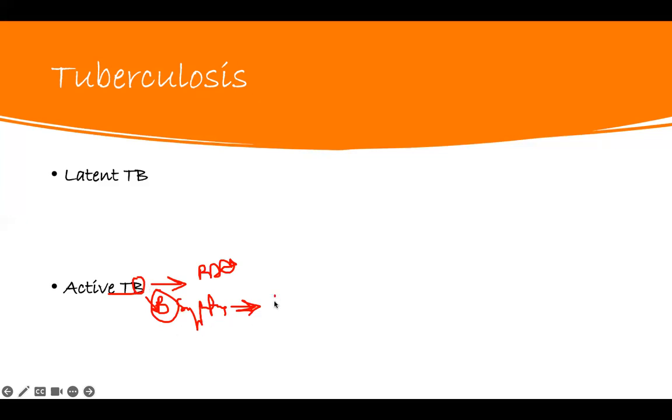B symptoms, they have like night sweats and weight loss. Those are all B symptoms. They will have anorexia, and they get fatigue. This is common for patients who have lymphoma, leukemia. But for tuberculosis, they can have cough.